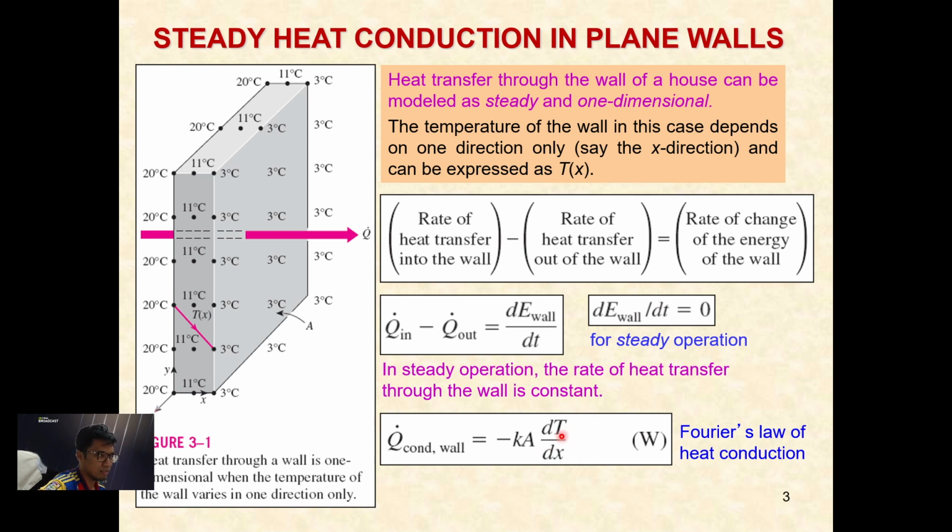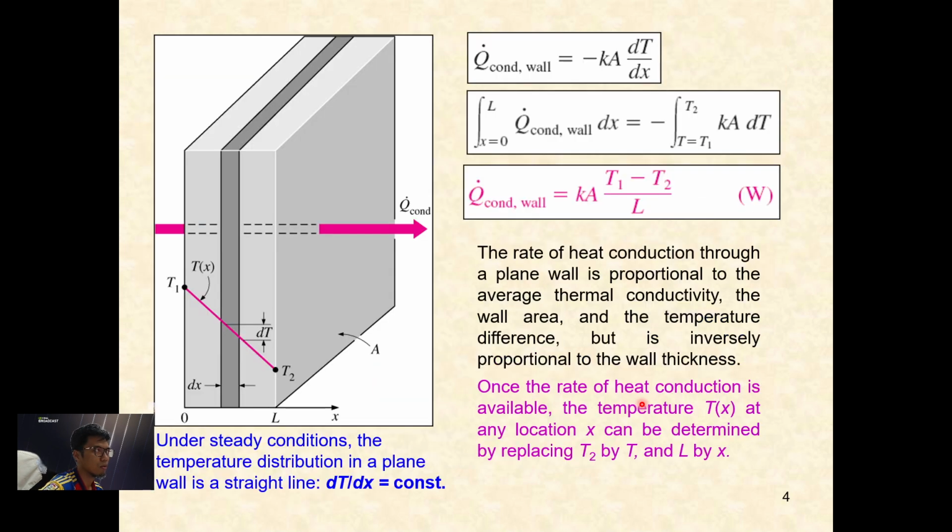So don't be scared of dT over dx here, because it can be simplified if we put in some boundary, where the boundary of T itself is a surface of the wall.